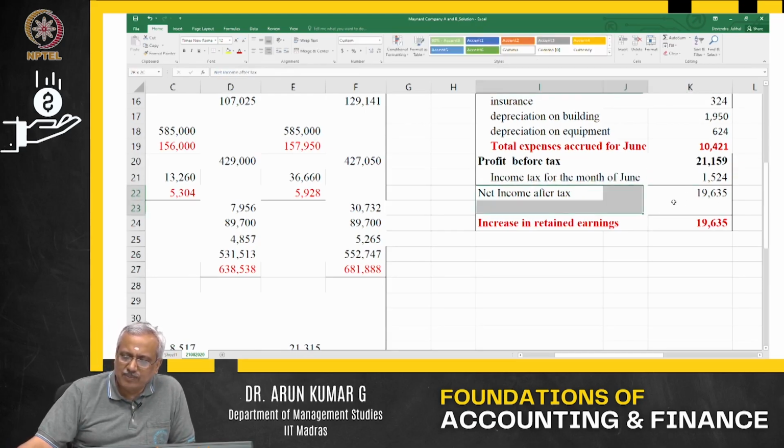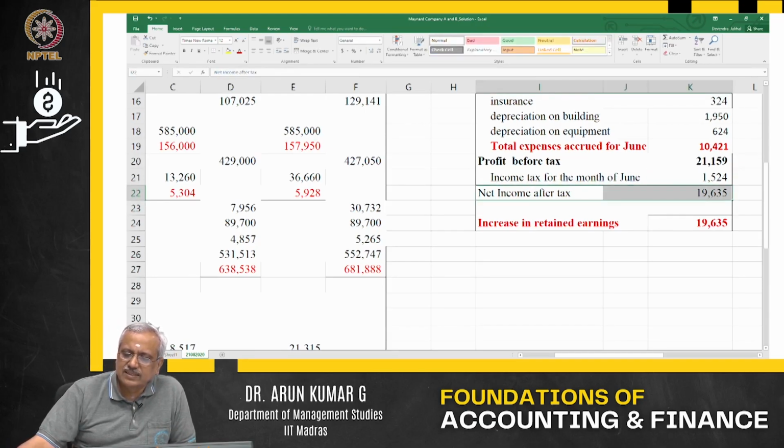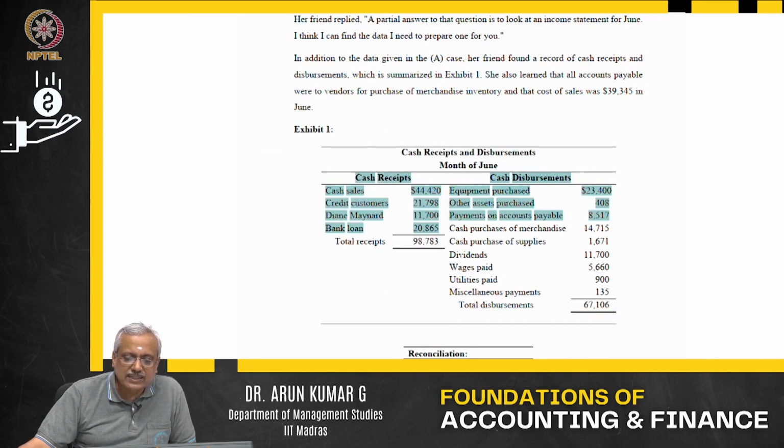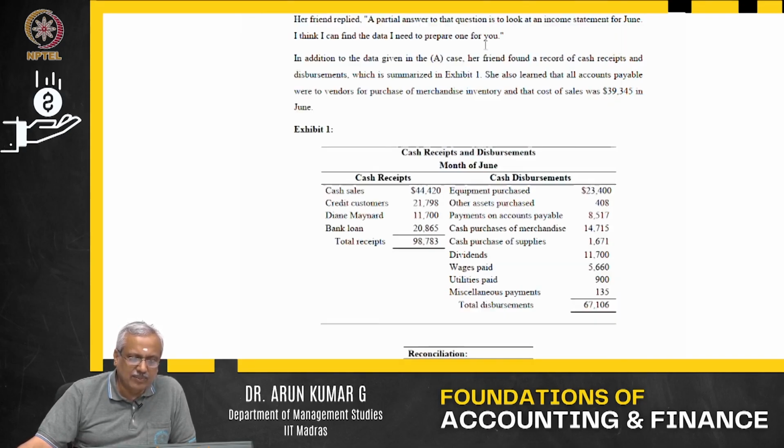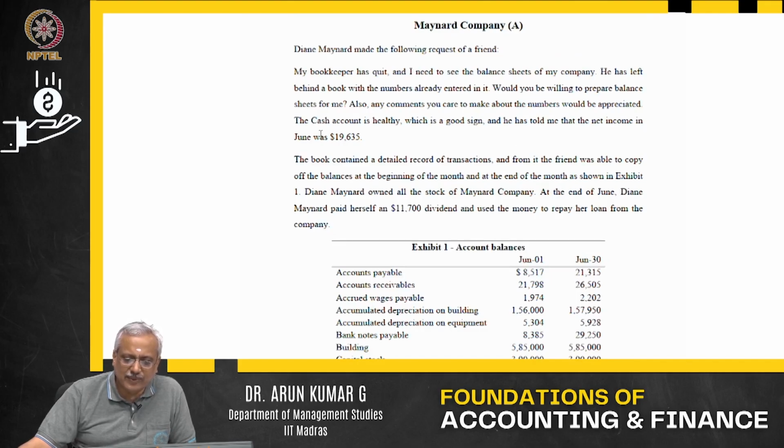So, what is the net income after taxes? 19,635, and that's exactly what she said in this case. If you look at Maynard Company A, it says Maynard paid herself 11,700 in the form of dividend, which she used to repay the loan.